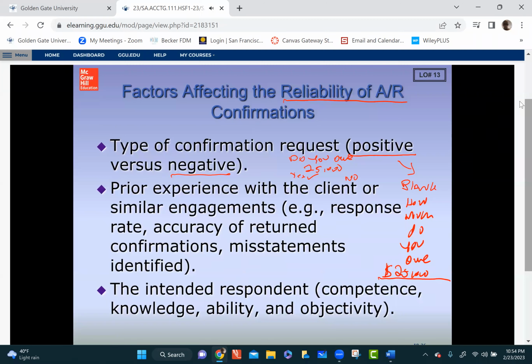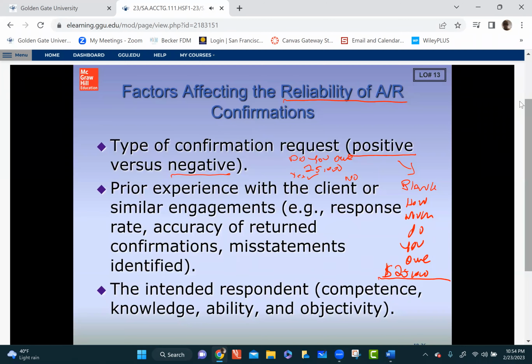Okay, you're right there. Speak to me in audit speak. Take this to me in the terms that we've learned in chapter 6. If you found the internal controls to be effective, then you would use positive. And if you found them to be ineffective, then you would use the blank positive.